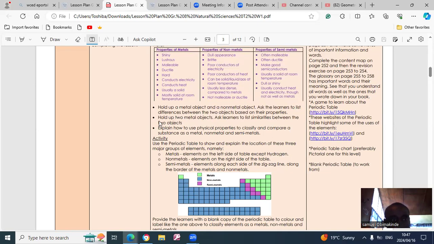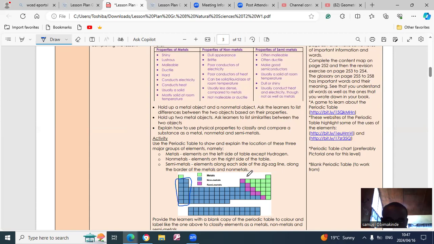So here, this group of elements in groups 1 and 2, they are metals. And remember, I told you that sometimes hydrogen would behave as a metal and sometimes a non-metal, but generally, hydrogen is a non-metal.